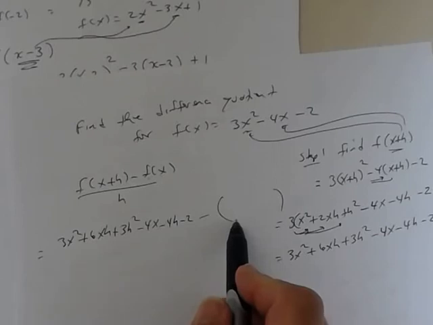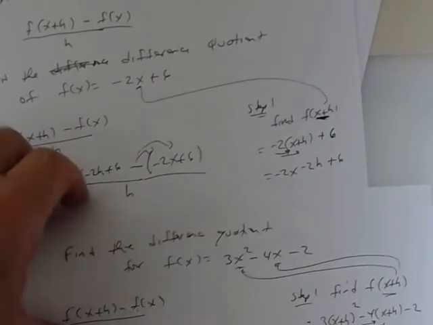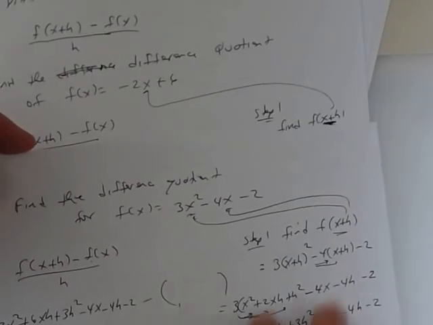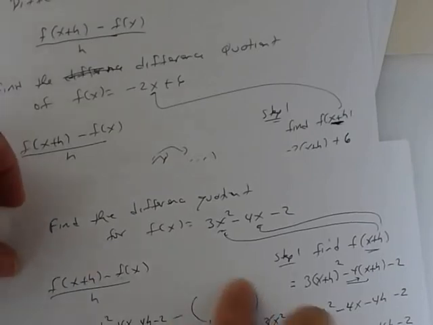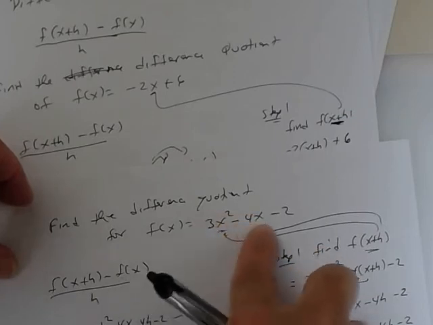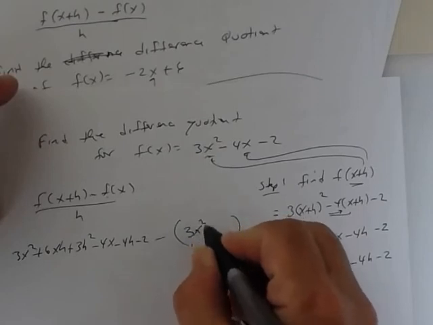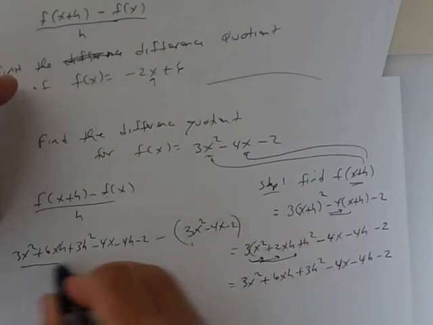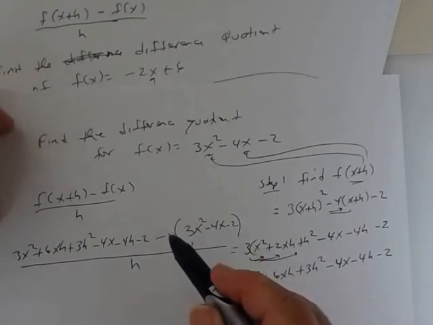What is f of x? Guys, remember we did this, right? Minus f of x. All the steps are the same. This is a little bit tedious because it's quadratic. So minus f of x. What goes inside this parentheses? F of x. 3x squared minus 4x minus 2. And all that's being divided by what? H. Now, what's the next step? Distribute the negative.